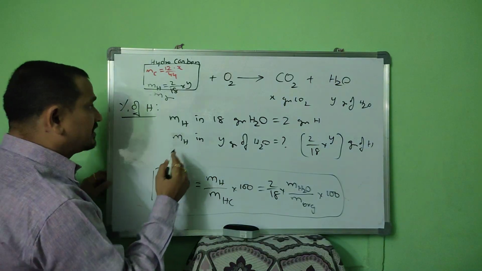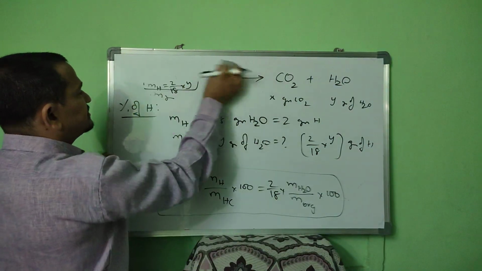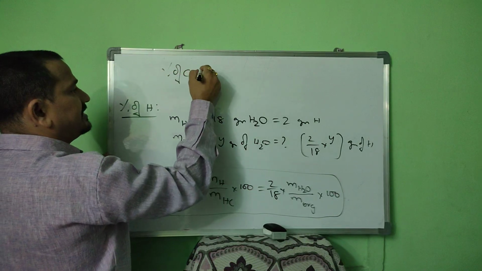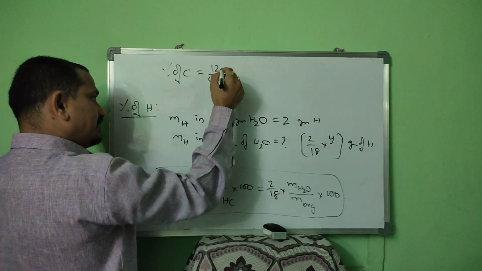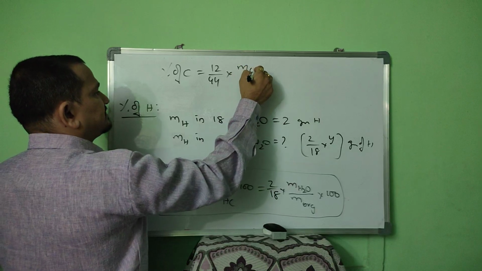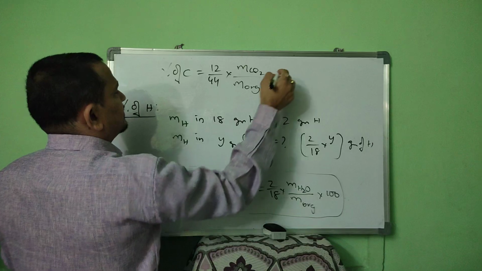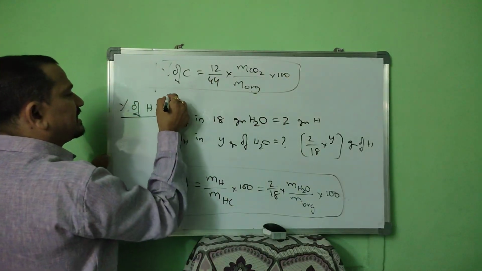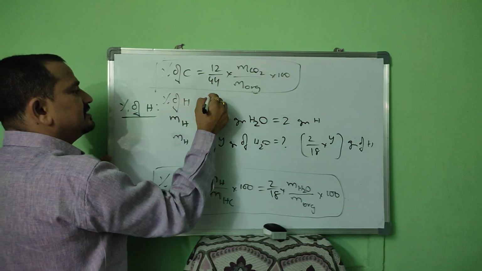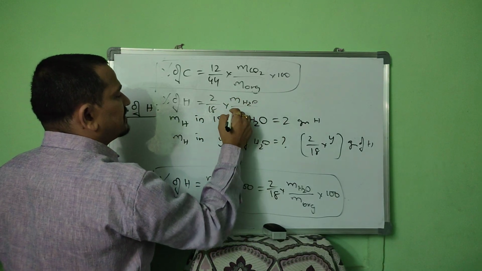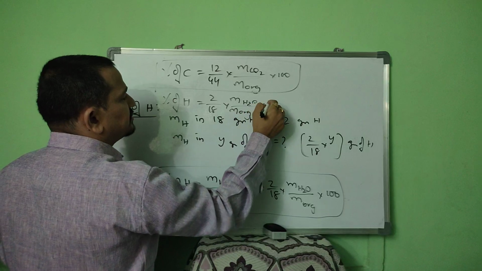So what is the previous formula for calculation of percentage of carbon? Percentage of carbon is 12 out of 44 into mass of CO2 by mass of organic compound into 100. Then how do you calculate percentage of hydrogen? 2 out of 18 into mass of water vapor out of mass of organic compound into 100.